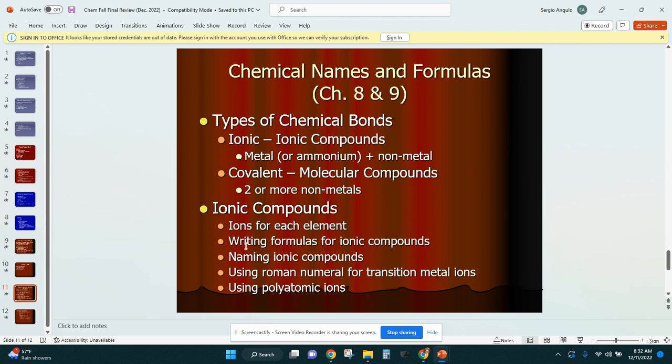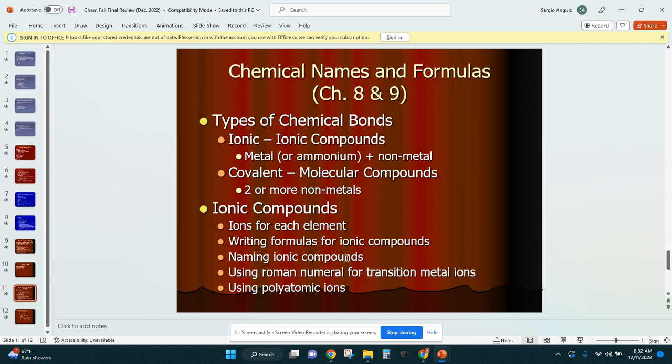You should be able to write the formulas once you have the ions, because the compound's formula should be neutral. There should be an equal number of positive charges as negative charges. So once you determine the ions in the compound, you should be able to write a formula with a balanced charge.